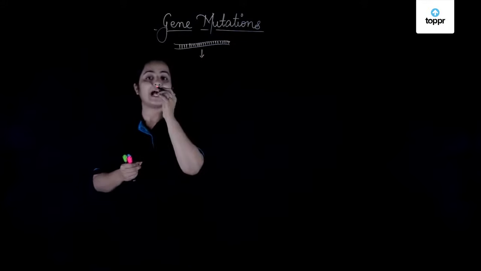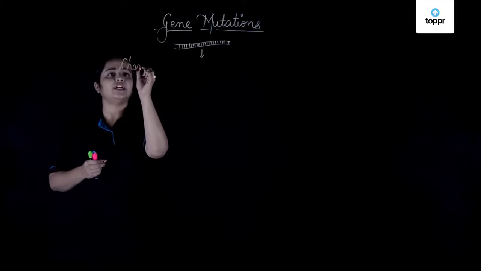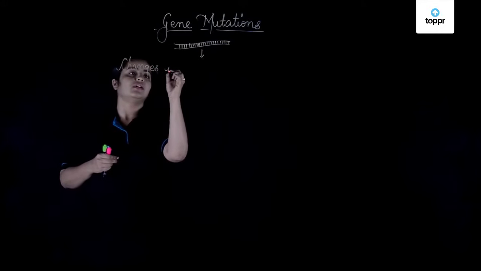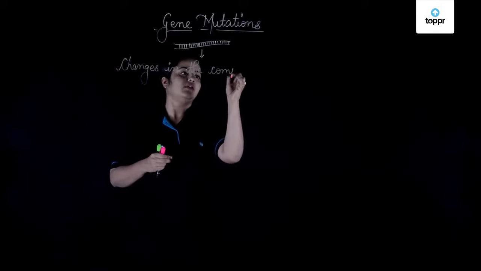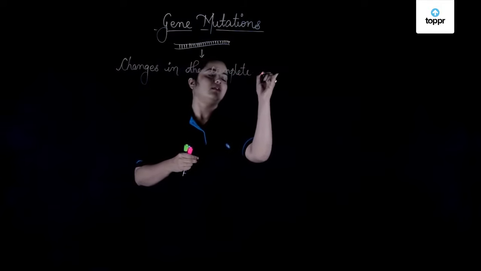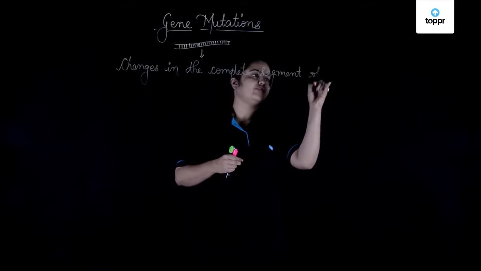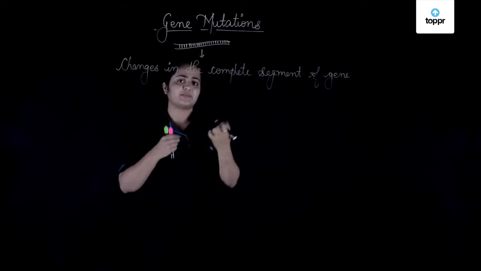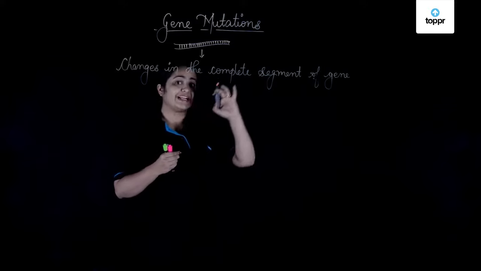Thus, I would define gene mutations as abrupt, sudden or unexpected changes in the complete segment of gene. And what kind of changes are we expecting here to happen? We can expect changes in the complete nucleotide sequence.